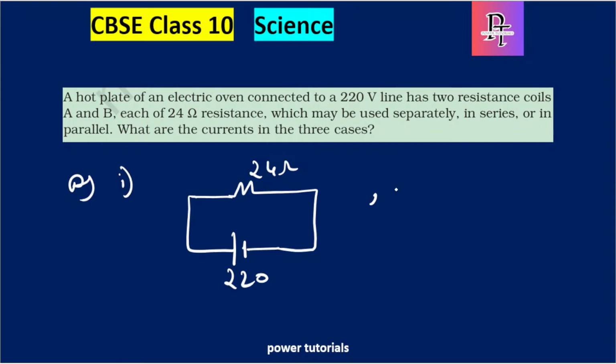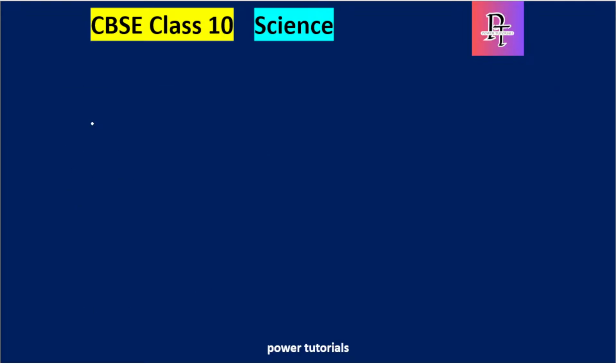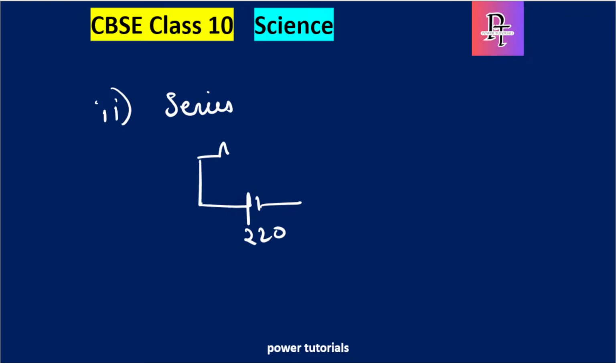So in this case the current value is 220 by 24, which is 55 by 6 amperes. Case 2, series connection. So here we have voltage again 220, series connection, so it will be 24 and 24.